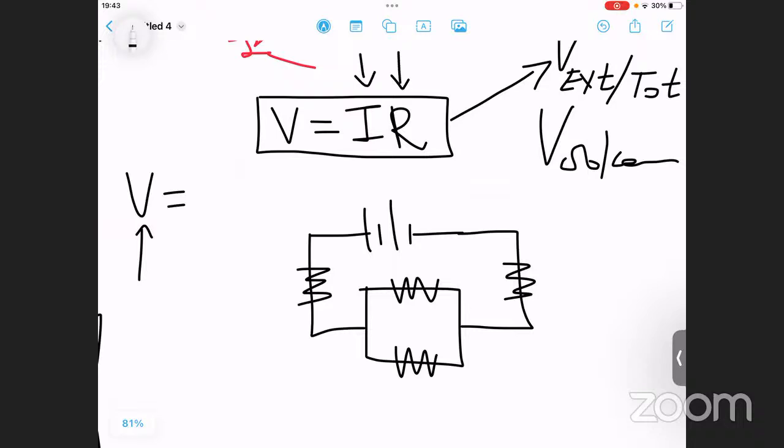The moment you start using the current for the whole circuit, the unsplit current, you will therefore be forced to use R tot.